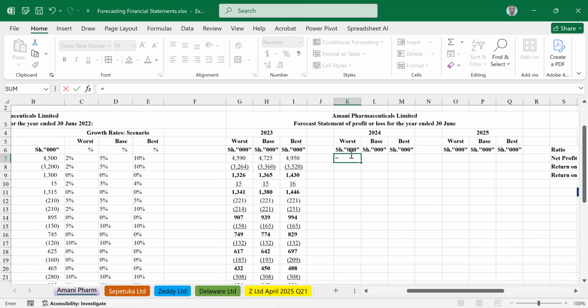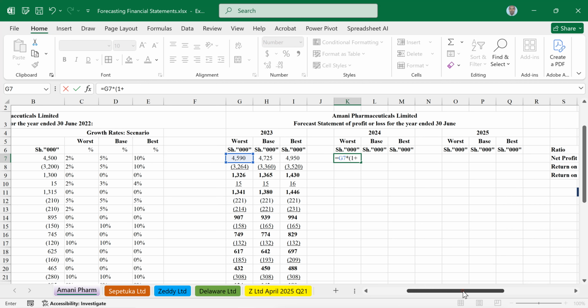Click on this worst revenue for 2023, 4590. Don't lock because this is moving now, don't lock. Times, open bracket, 1 plus, then click on the rate that you've been given, the 2% rate.